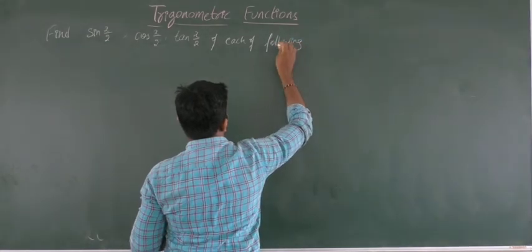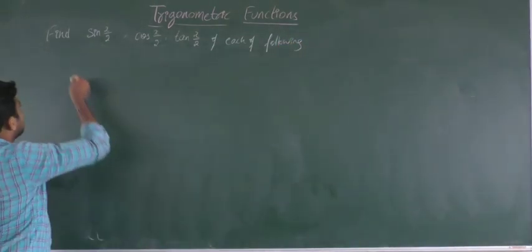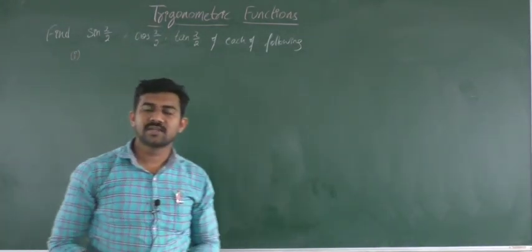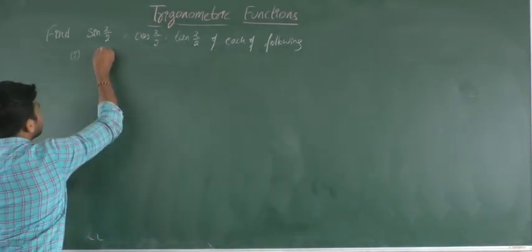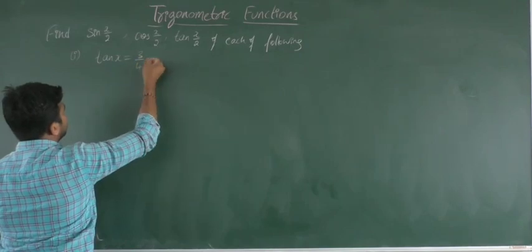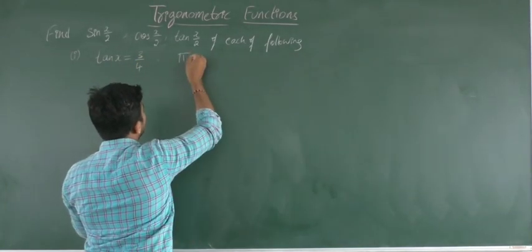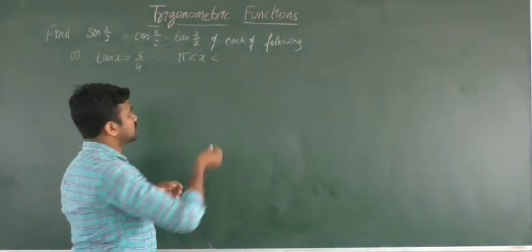Okay, so here the question is, in the first case tan x is equal to 3 by 4, and they gave pi less than x less than 3 pi by 2.